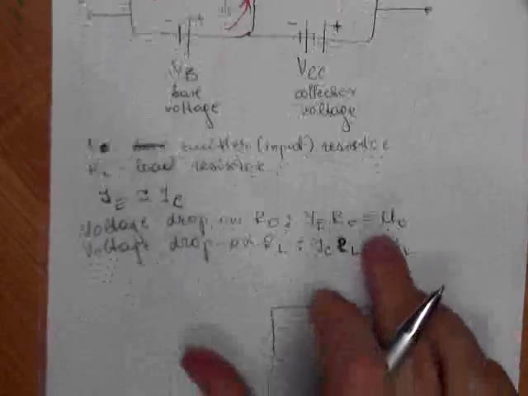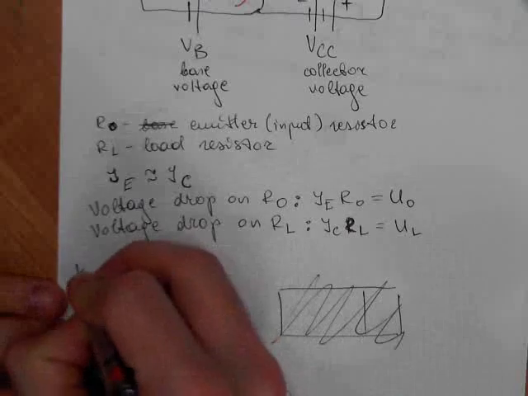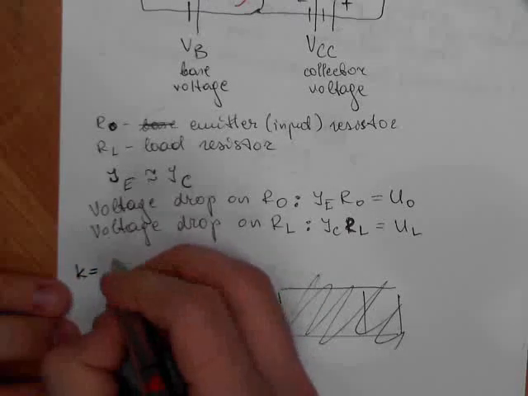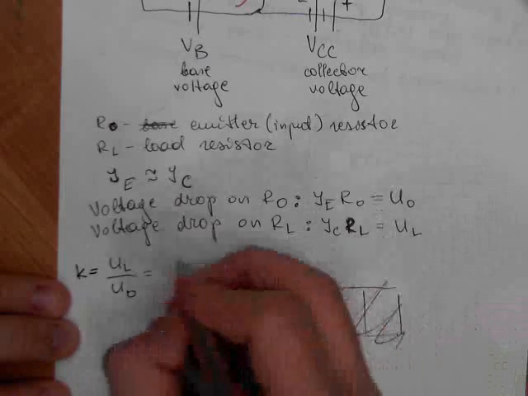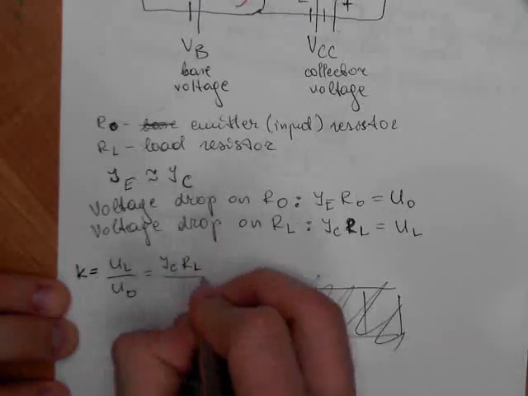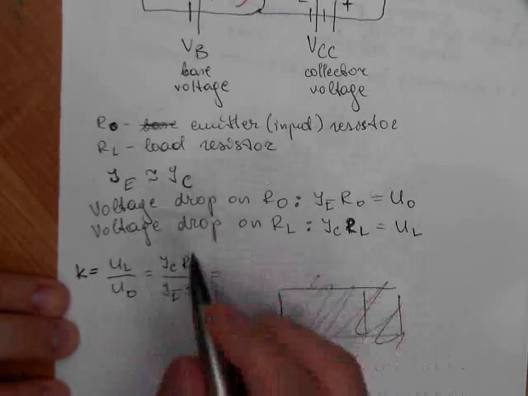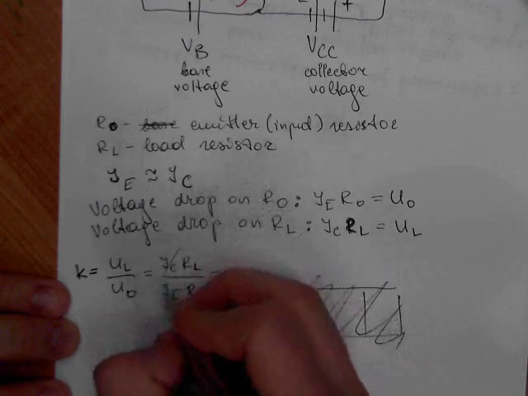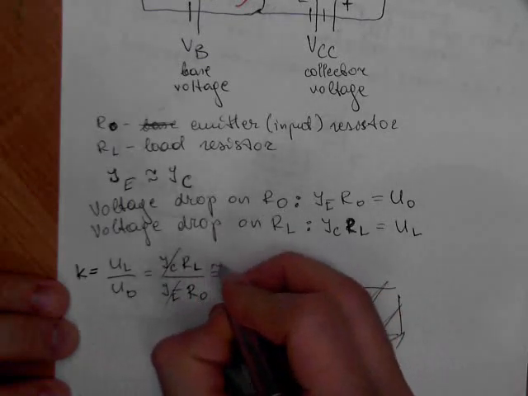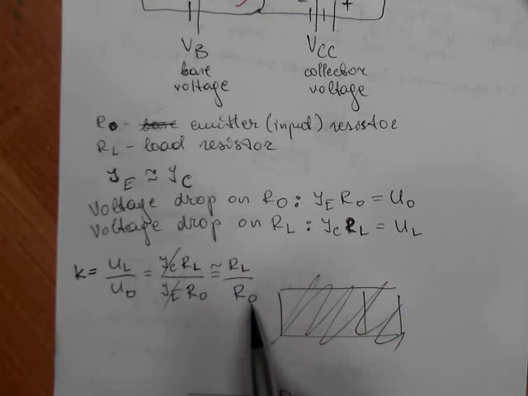So now this K represents the ratio of UL divided by U0, and it is UL over U0 equals IC times RL over IE times R0. Because IE is almost equal to IC, we may cancel these out, and we can write that K is equal to the ratio of RL divided by R0.